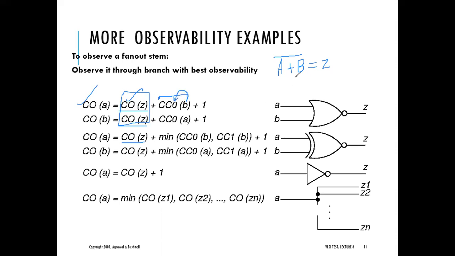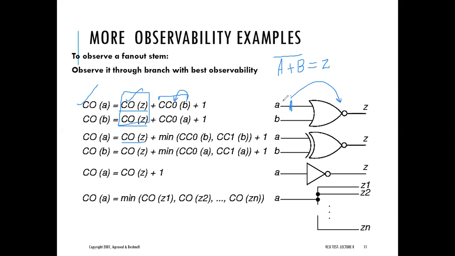How do you decide that the b value should be kept at 0? There is a logic behind that. If you are finding the observability at this particular place, you have to put the other input such that this input is propagated to the output.